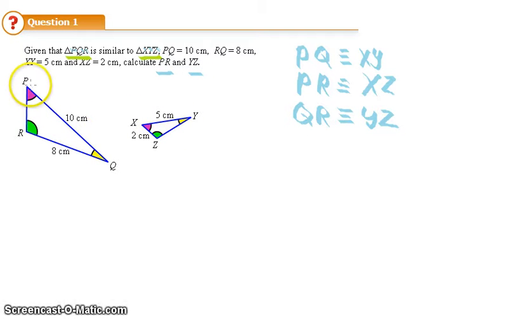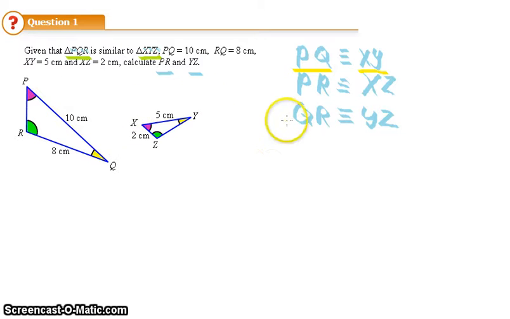And I look at this line here, PQ. Where does this line correspond to in this small figure here? Since I've taken a note here, PQ is the same as XY. So see, XY here is the same as PQ here.